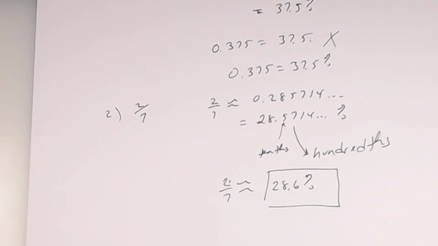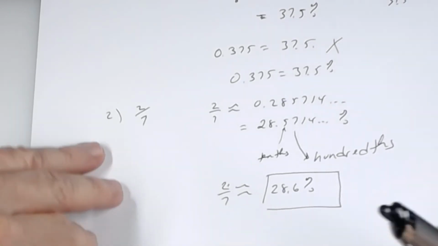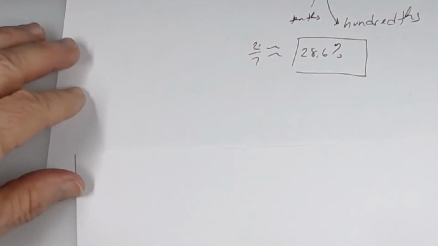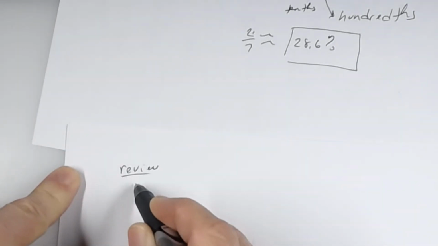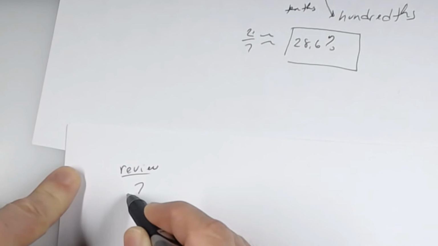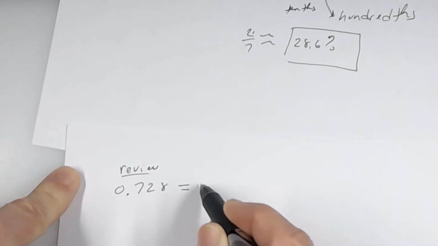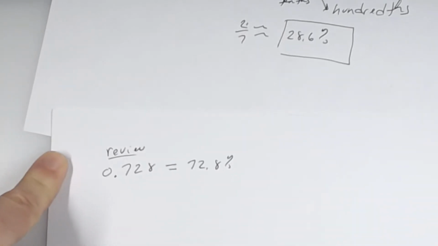All right, now let's look at this one. So now we're going to go backwards. All right, so listen carefully to what we just saw. Do y'all agree that 0.728 is the same thing as saying 72.8%?